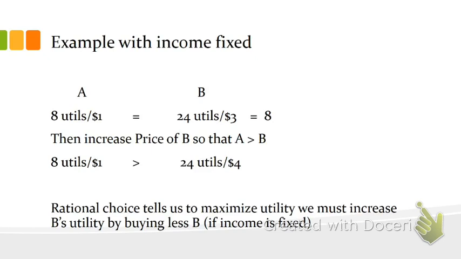We must increase utility by buying less of B if income is fixed. I changed it up a little from the rule, which said you'd consume more of A. But if our income is fixed and the price goes up, we have to make a choice. We like A better, so we're going to consume less of B. So make sure you read the context of the question. Everybody see the difference between the rule and this application? Any questions? Okay.